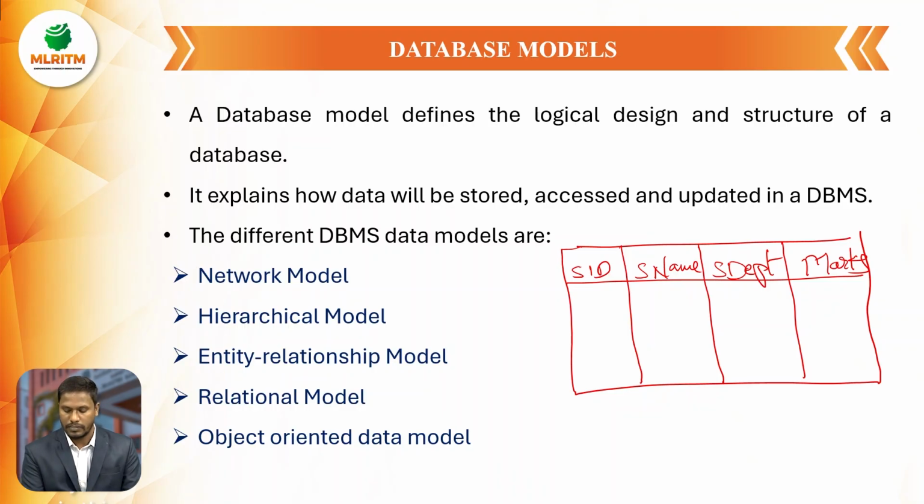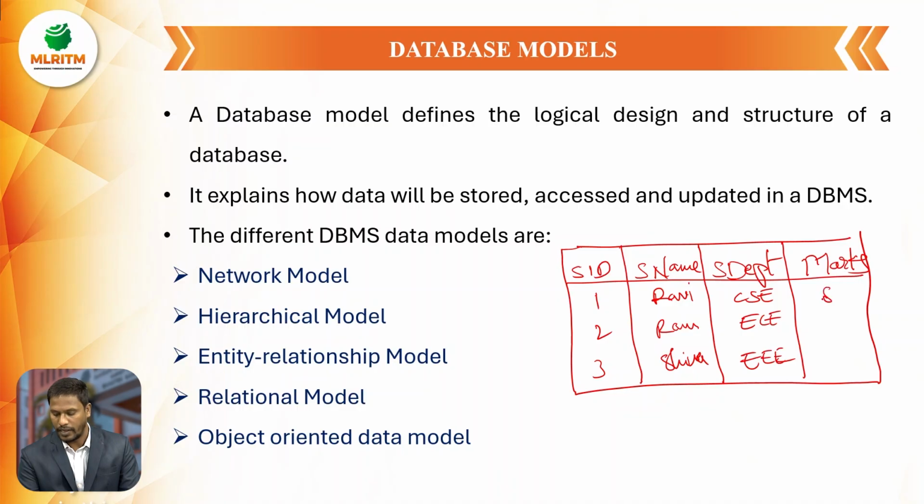See, we are giving some roll numbers, IDs, 1, 2, 3, like that. Some names, Ravi, Ram, and Shiva. Departments CSC, EC, and so on.